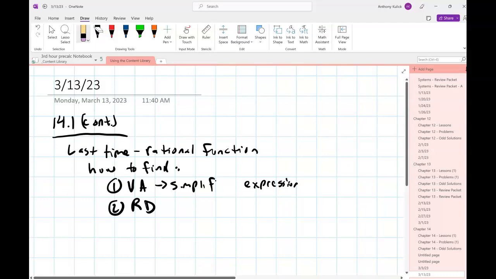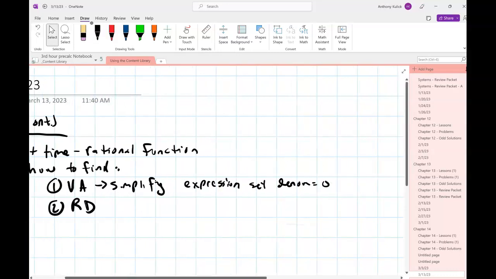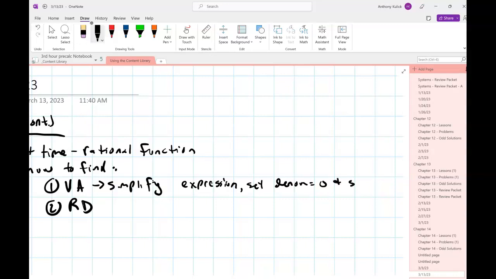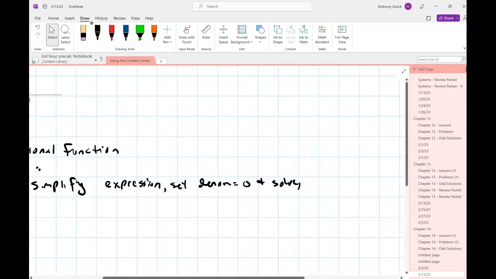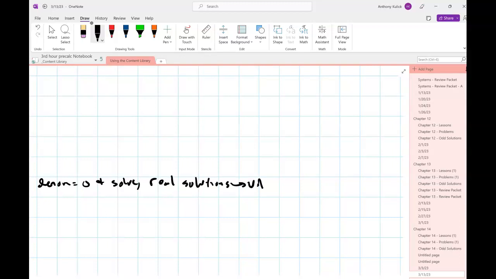Okay, so we simplify the expression and then set the denominator equal to 0. And I'm going to write "and solve" there. That's probably implied. And then any real solutions there become your vertical asymptotes.